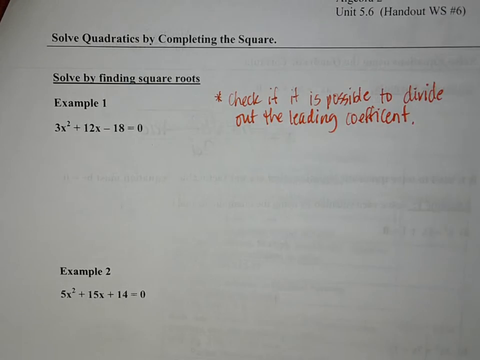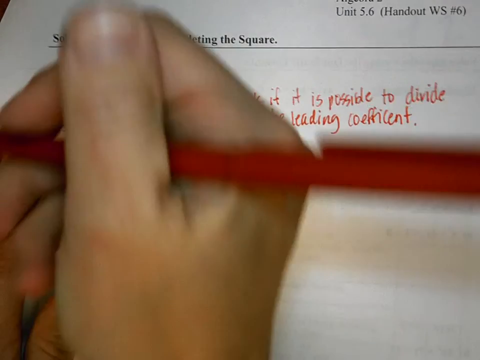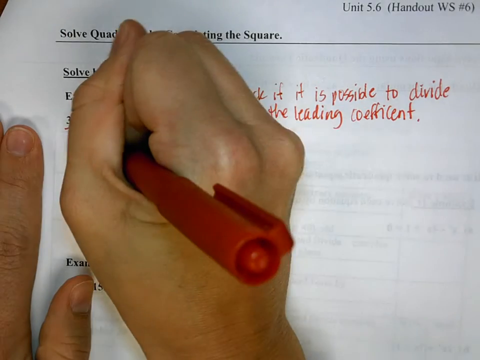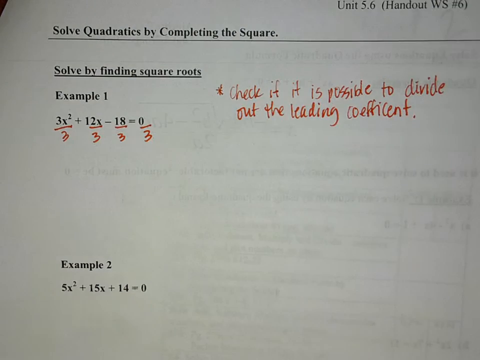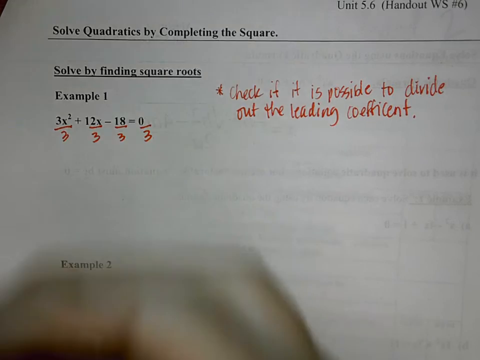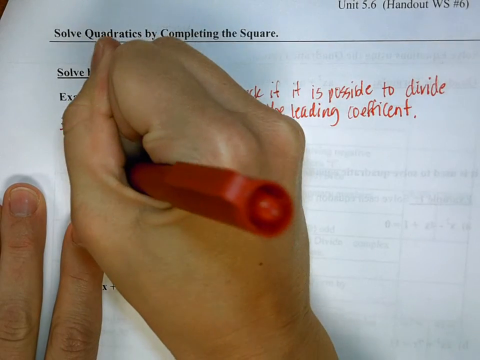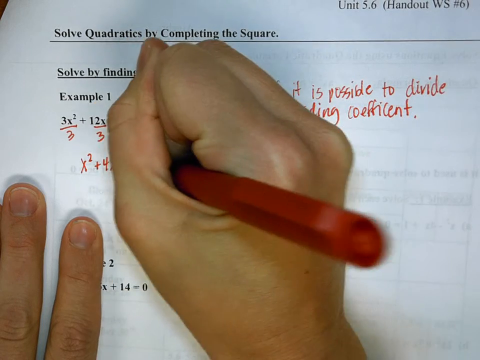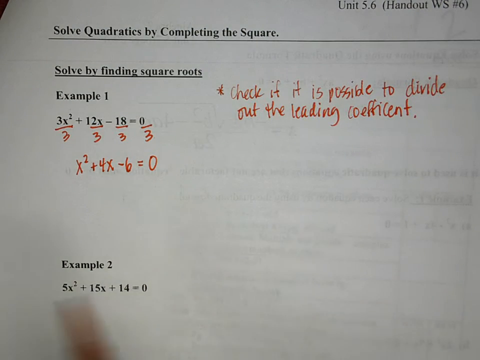So in this case, are all of the numbers divisible by 3? Yes, so what we do is we would divide every single term by 3, which makes the 3 go away. I'm not factoring it out, I'm dividing everything by 3. So I'm just reducing, basically. When I go through there and I reduce, I get x squared plus 4x minus 6 equals 0. If you ended up with a fraction and it didn't work, then you couldn't do it this way.